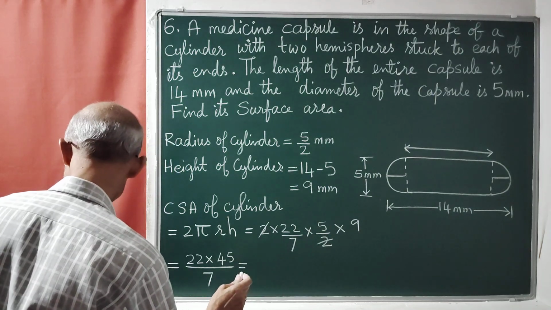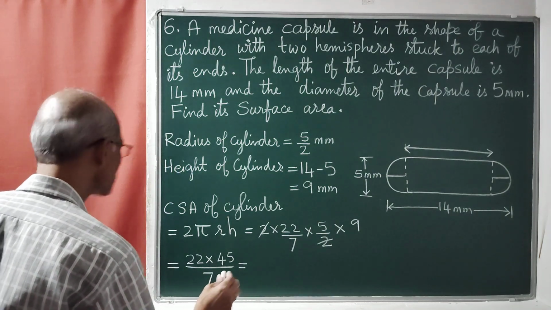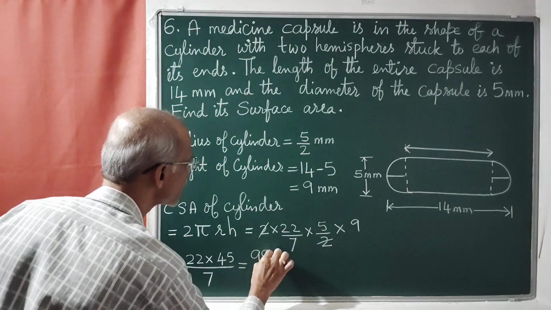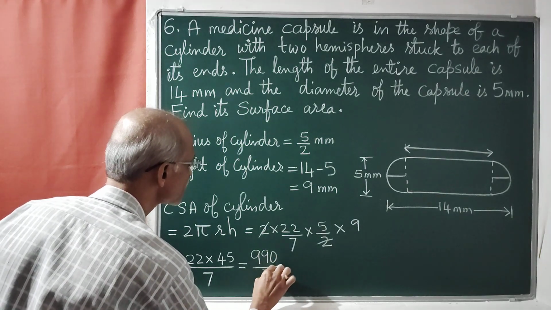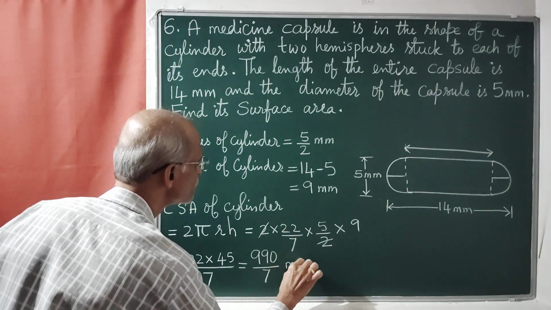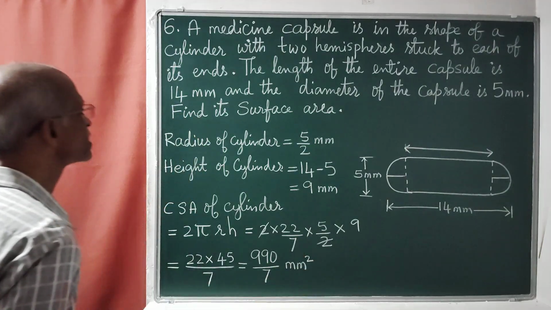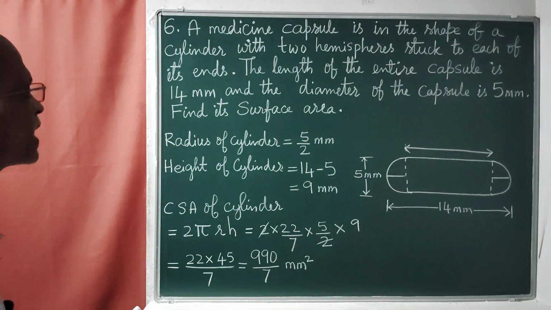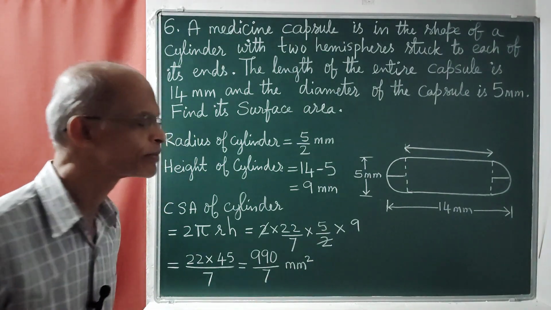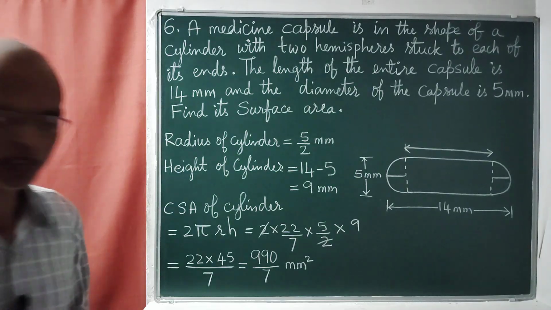So we will get 990 by 7 millimeter square. So the CSA of the cylinder is 990 by 7 millimeter square.